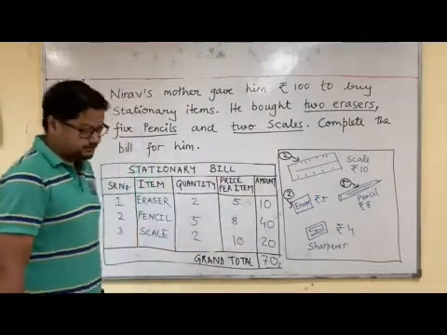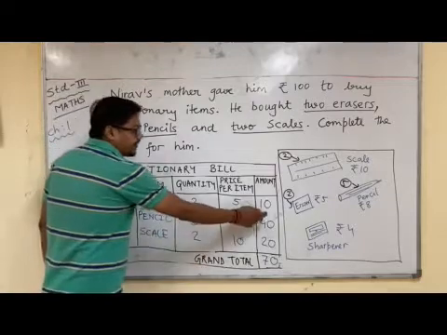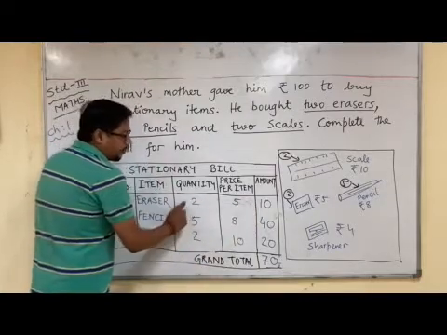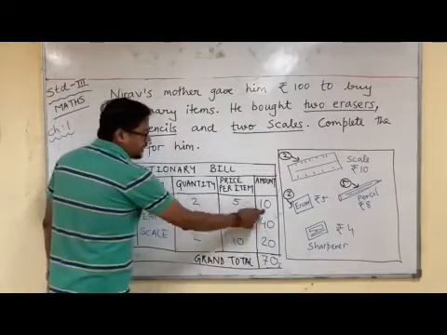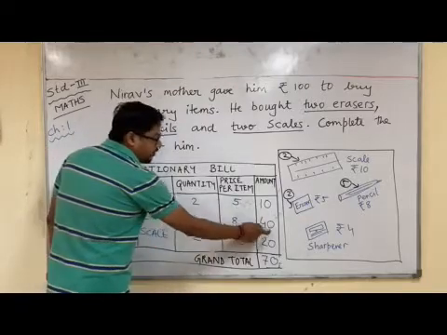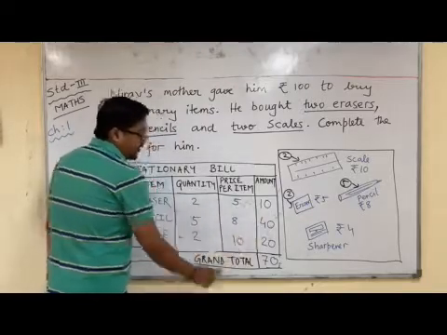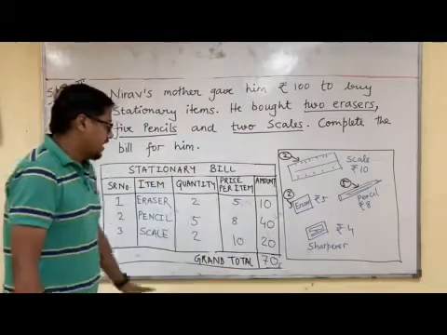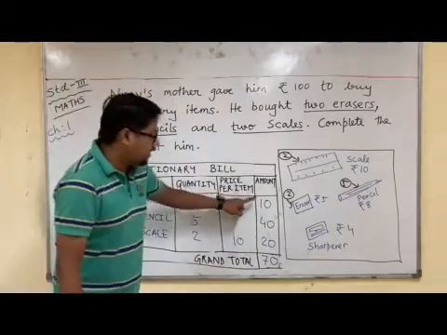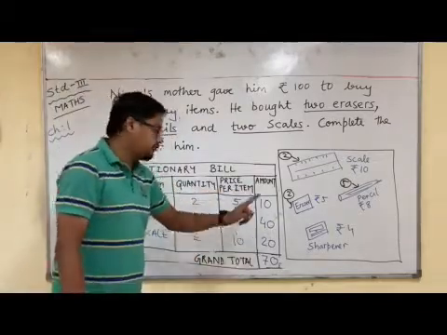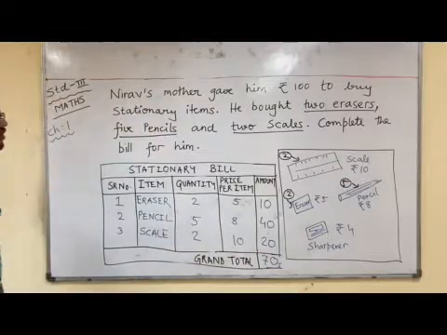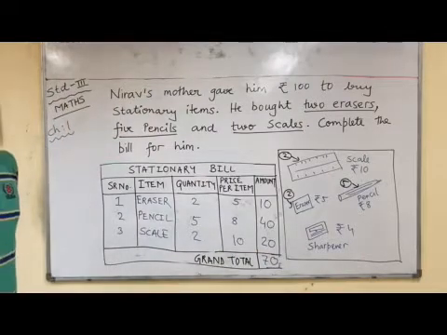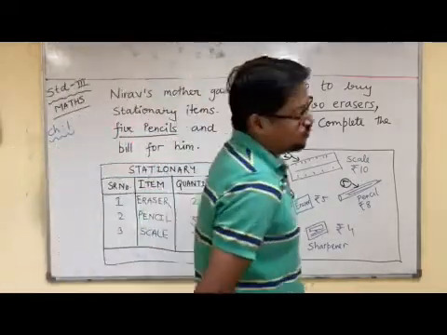How did we calculate amount? Multiply quantity and price. 2 into 5, 10. 5 into 8, 40. 2 into 10, 20. So this is multiplication. And how did we find out the final bill? We had addition of all the three, which was 70. So this is how, students, a bill-based question will be done.